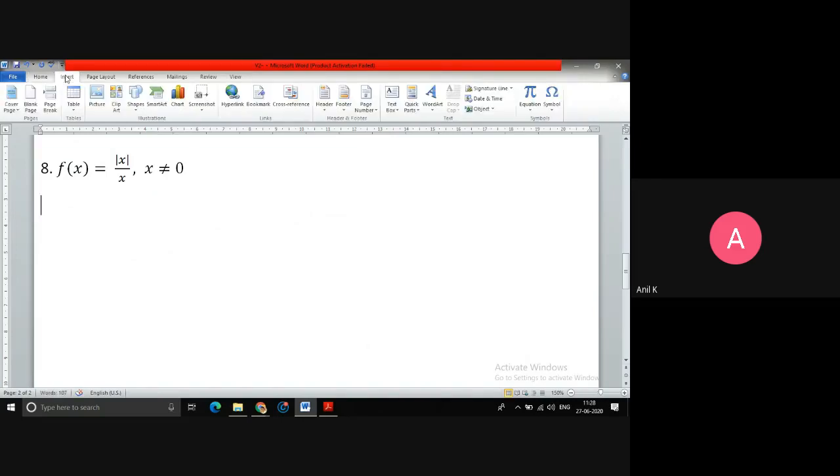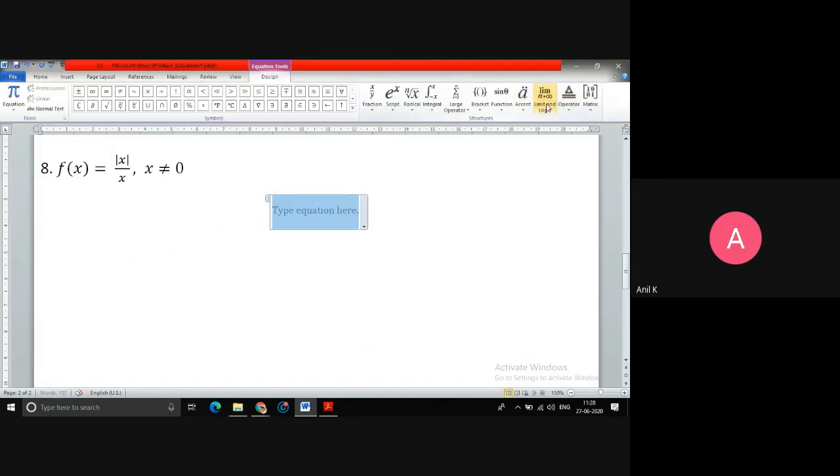Now let me check left of 0 and right of 0 whether the function is continuous or not, whether you are getting the same functional value or not. If I go for the limit as x tends to 0 minus, which represents left of 0, my function is going to be the same function.